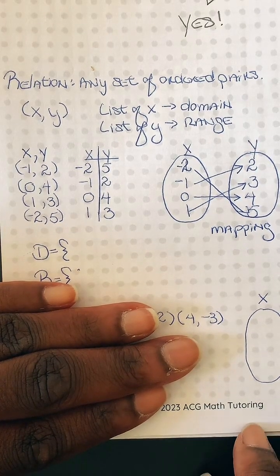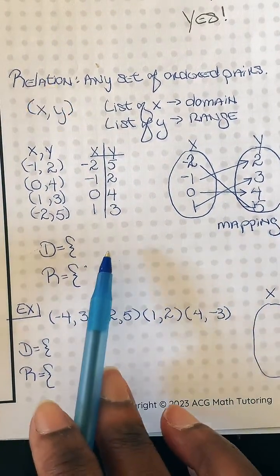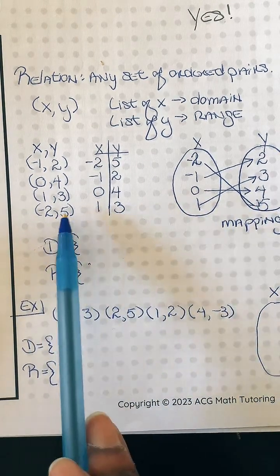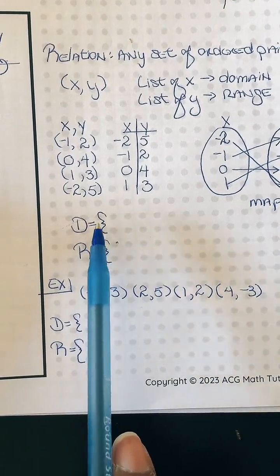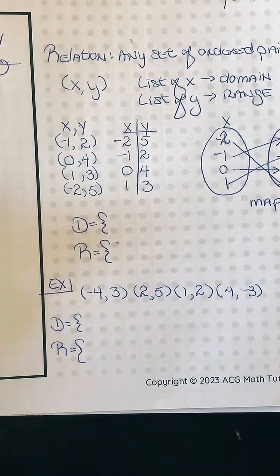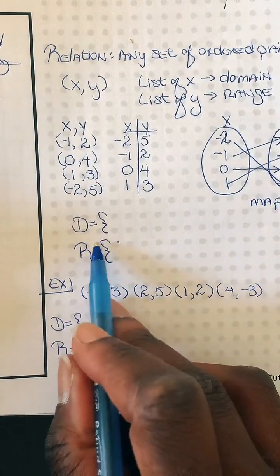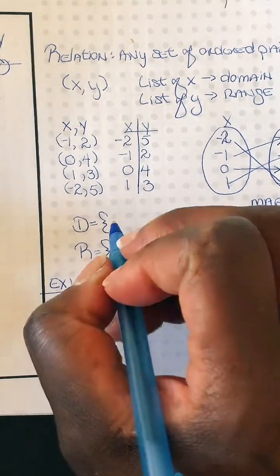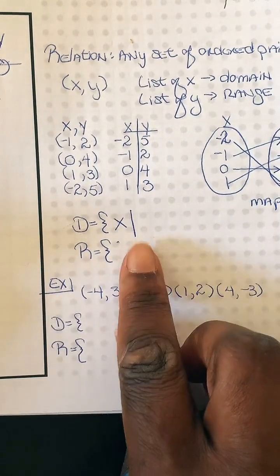All right. So, taking a look at this, I want to list out my domain. All my x's are exactly the same, and so are my y's. So if I want to list out my domain, I'm just listing out my x values. Some people like to say, if we want to list our set, my domain, which is my D, okay, my x such that.